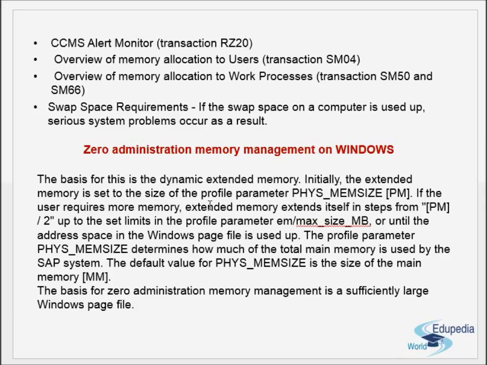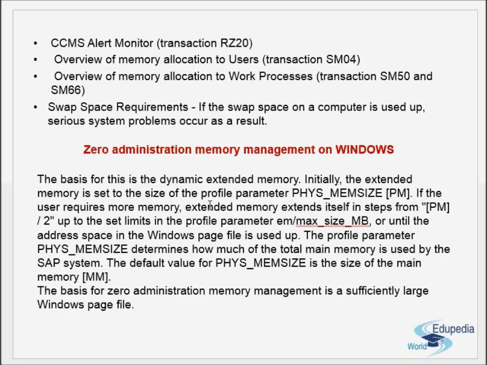So here the concept is that we have a dynamic extended memory. Say first it is 50, then it extends by 25, next time it extends by 12, like that. First, PHYS_MEMSIZE is set to the size of the RAM which is available, and it can extend itself.